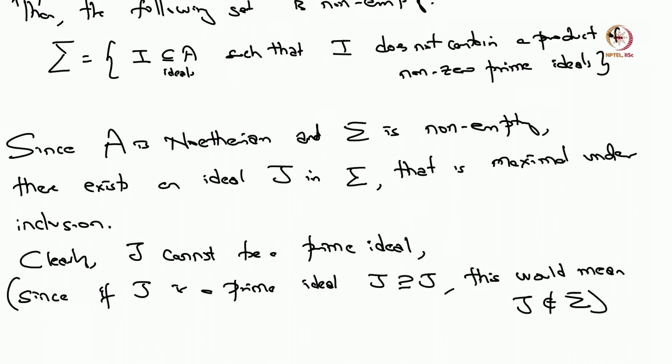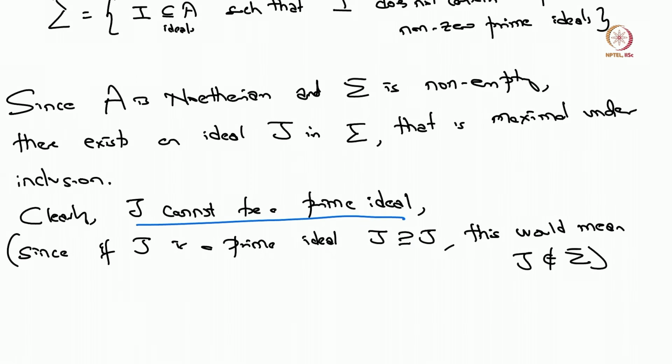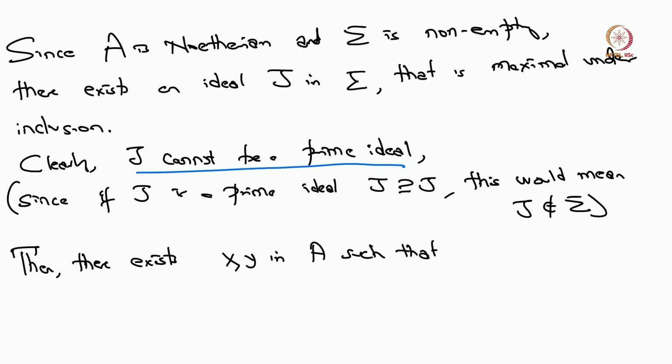So the only possibility is that J cannot be a prime ideal. And so what does it mean for this ideal J to not be a prime ideal? Then there exist two elements x and y in A such that their product is in J, but x itself doesn't belong to J and y also doesn't belong to J.